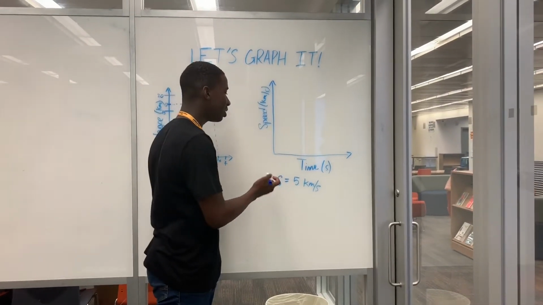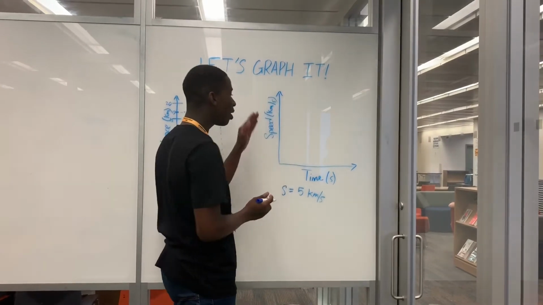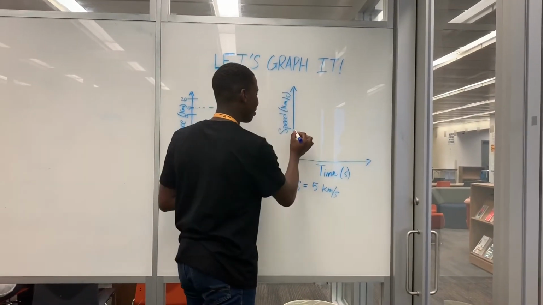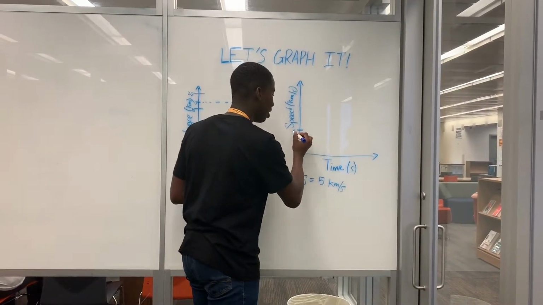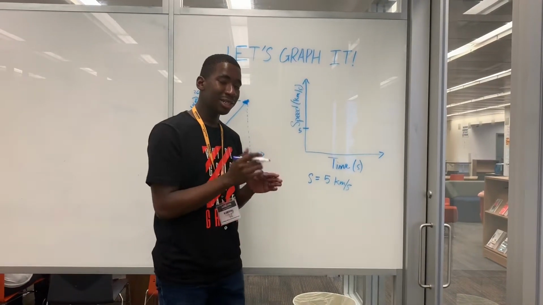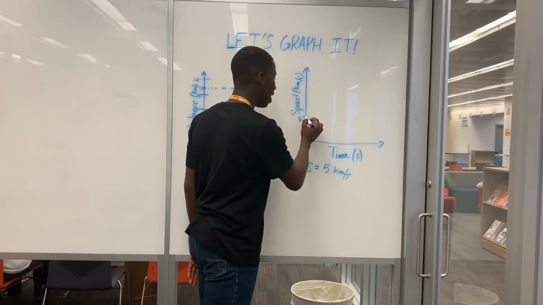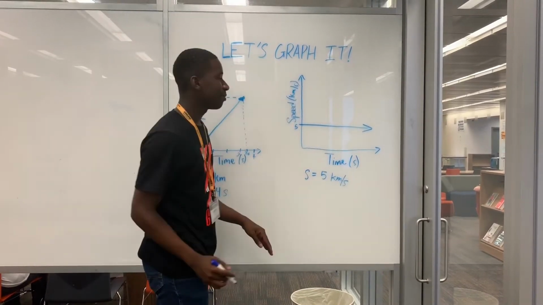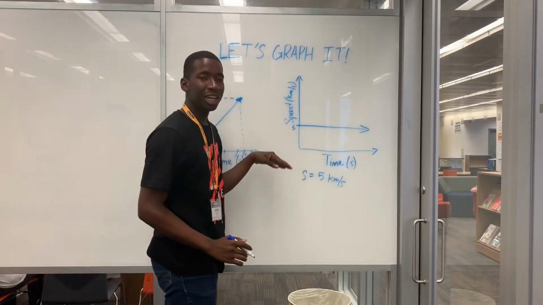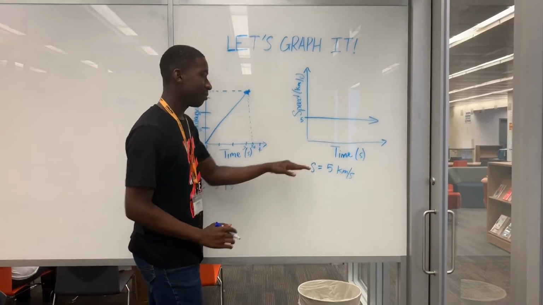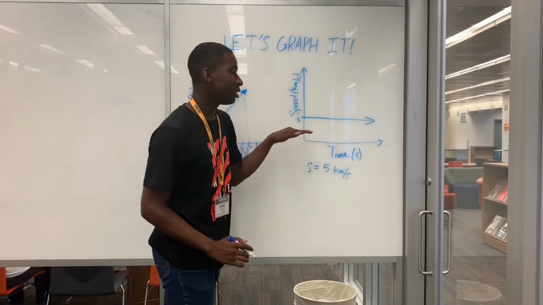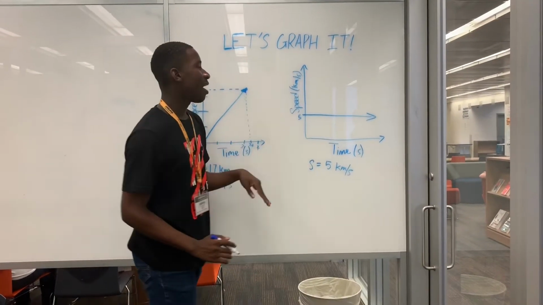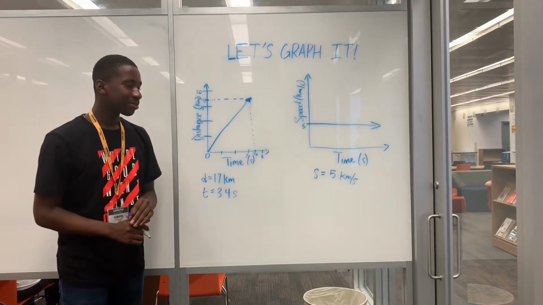So all we need to do is go on our y-axis and find 5. Now the problem said constant speed. So what does that look like? A straight line at 5. So the speed did not change for the whole entire time, as you can see. That's why there's a straight line at 5 kilometers per second.